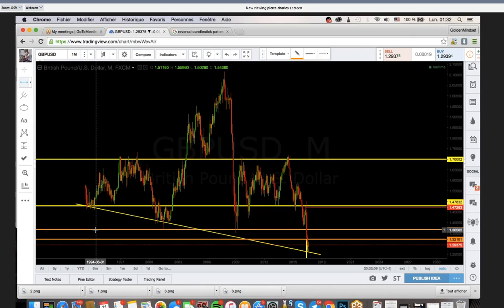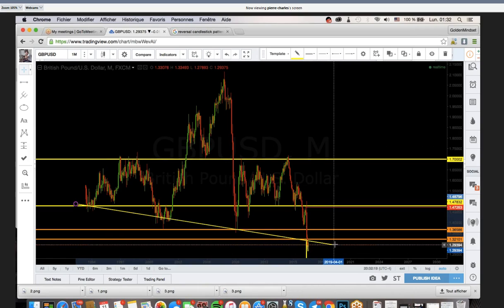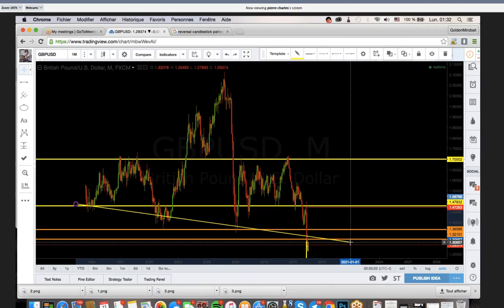This is the reason why I told people not to necessarily believe that just because it's at an all-time low, it can't go any lower. Look at this triangle. From the peak, draw the trend line going diagonally down.